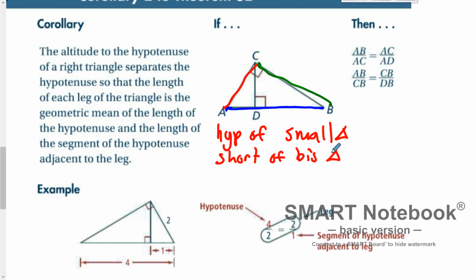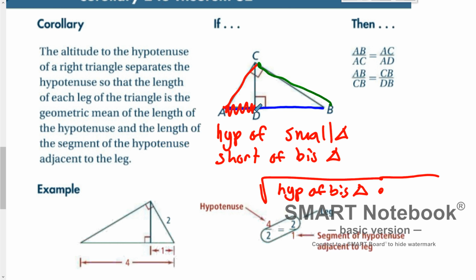Okay? So if I want to find that, corollary 2 says, well, you just take the geometric mean between the hypotenuse of the big one, hypotenuse of the big triangle, and the little piece of the small one.